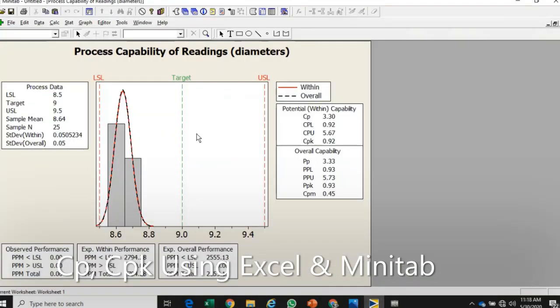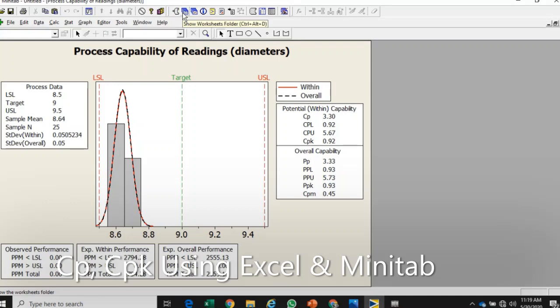Let's say I wanted to make a little bit more changes. I have seen that the process values are only on one side. Just for the study purpose, let me change the values and demonstrate to you.